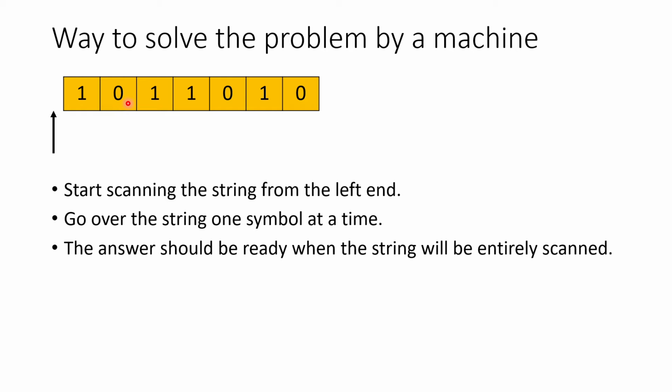Now what the exact value of the odd number of 0 is, that is not important, because we are not interested in how many zeros are present in the string. We are interested only in whether an even number of zeros is present or an odd number of zeros is present.